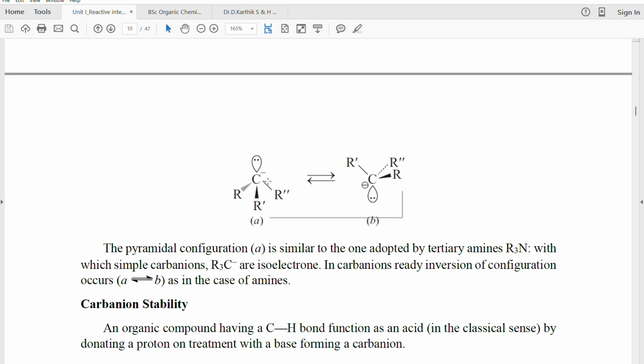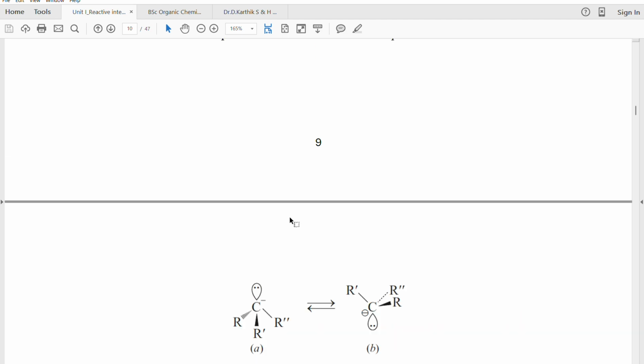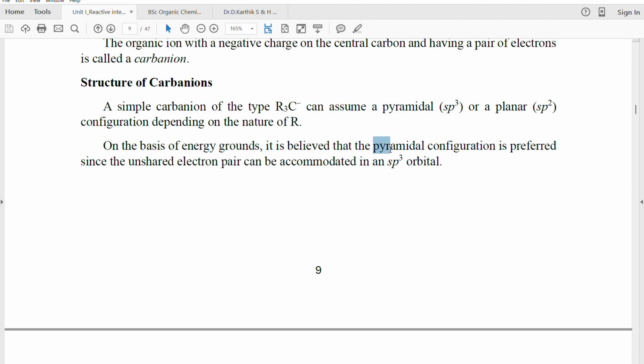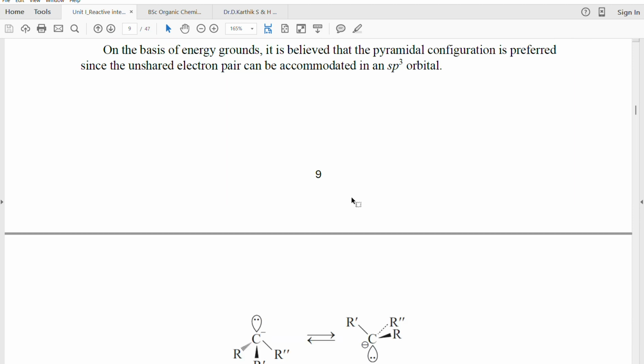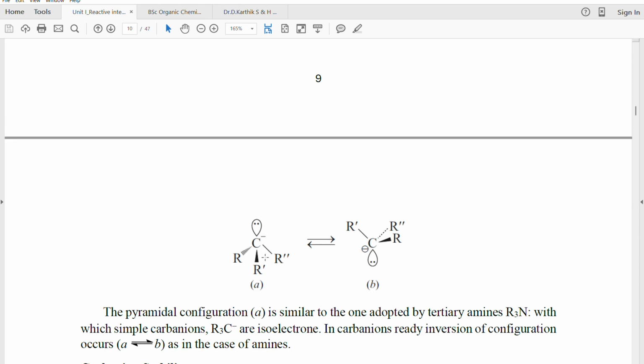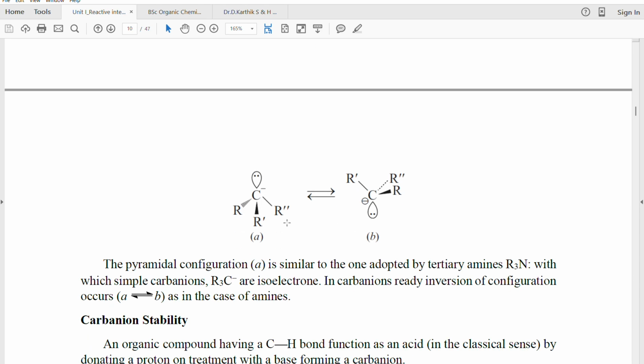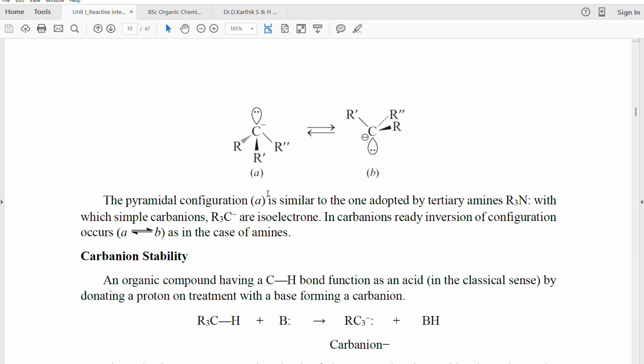Because of that repulsion, the planarity is disturbed and we get a pyramidal shape. So the carbanion has sp3 hybridization and a pyramidal shape.